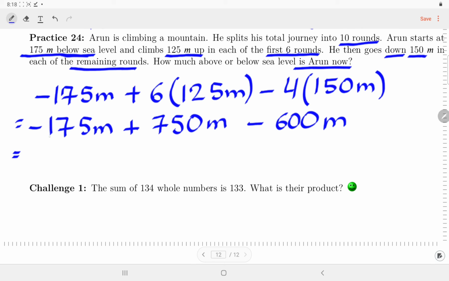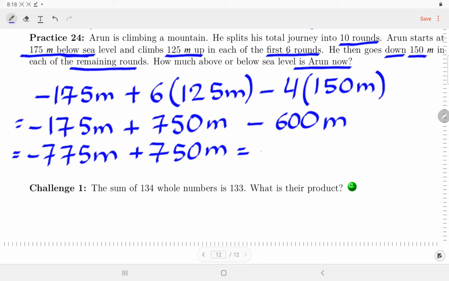We have negative 175 and negative 600. That's negative 775 meters. And positive 750, it's more negative. He is at negative 25 meters. So 25 meters below sea level now.